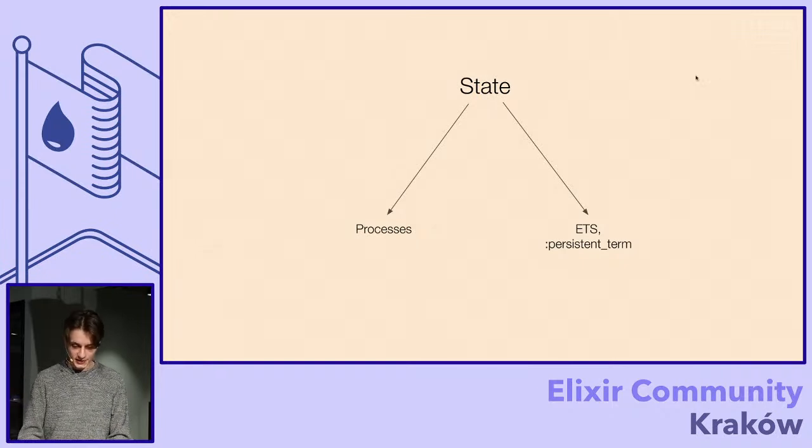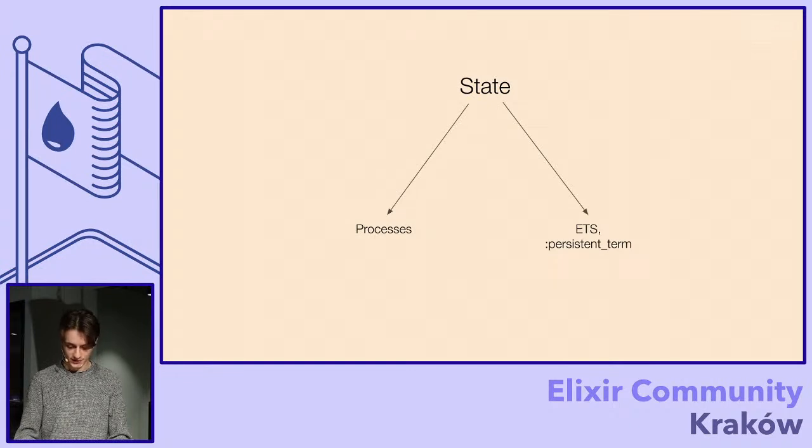Another possibility is to use ETS or persistent term, which allows you to have a state that is shared between many processes, and this way you avoid the bottleneck caused by a single process holding state that other processes have to access.